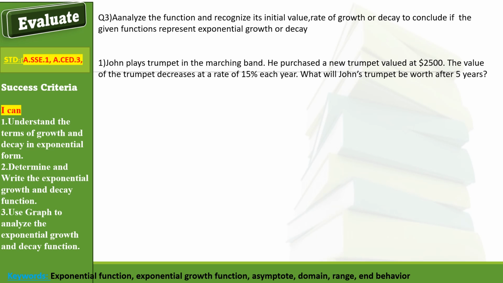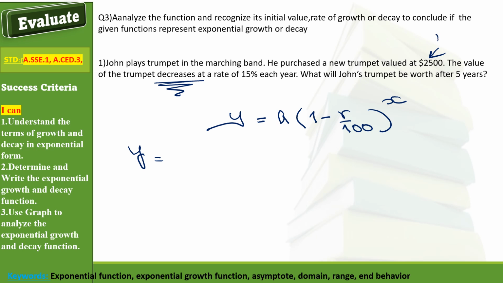So here is the word problem. John plays trumpet in the marching band. He purchased a new trumpet, value 2500. The value of the trumpet decreases at a rate of 15% each year. So the concept stays the same. Whenever we say decreases, the formula we use to represent exponential decay is y equals a times (1 minus r over 100) whole to the power of x, where a is our initial value, which is 2500 in our case.